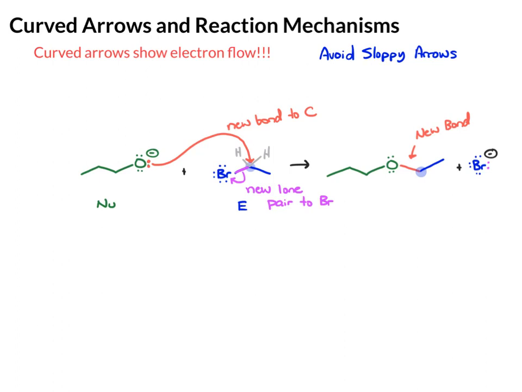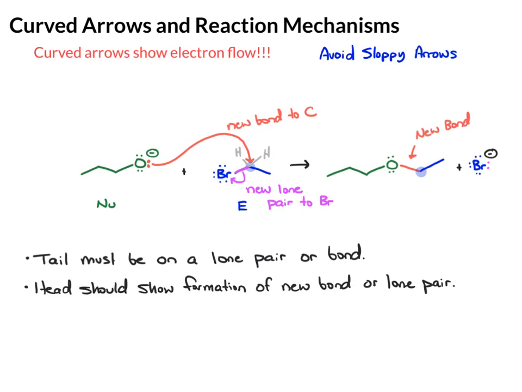The tail of your arrow must be on a lone pair or bond. And that's what we have here. Here the tail is on this lone pair. Here the tail is on a bond. The next thing, the head should show formation of a new bond or lone pair. And that's exactly what we have here. Here the head's showing the formation of a new bond. Here the arrowhead is showing formation of a new lone pair on the bromine.